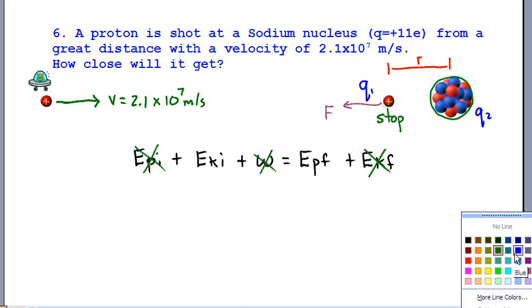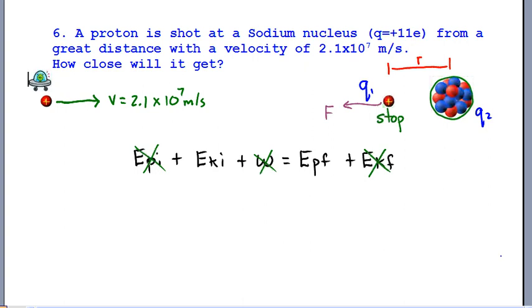So if I was doing this question, I would be converting my kinetic energy. So I'd have 1/2, and then they said it was a proton, so I go and just dig up that value from my formula sheet, 1.67 times 10 to the negative 27, with a speed of 2.1 times 10 to the 7 squared. There's my kinetic energy initially, and it gets converted into potential energy in the end.